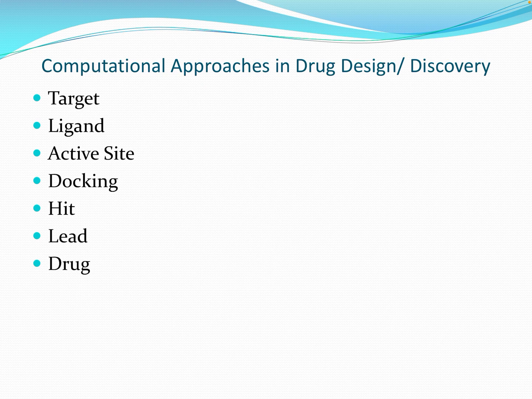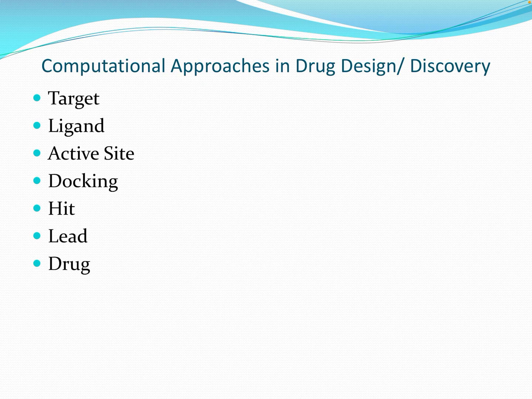Another term is hit. A ligand which can geometrically fit into the binding site is called a hit. It is the initial product of the computational drug discovery approach. Now what is a lead? A hit with biological activity is called a lead. It is a ligand which is experimentally proven to have an activity on a target.